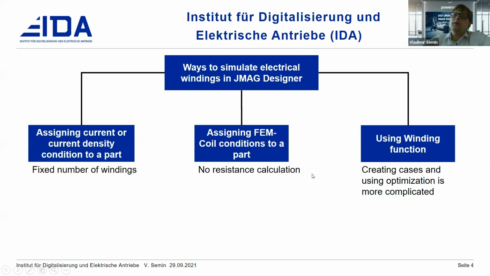The method with FEM coils has no resistance calculation. The resistance has to be set by the user. The winding feature, or the winding function, is the most flexible one of the three.